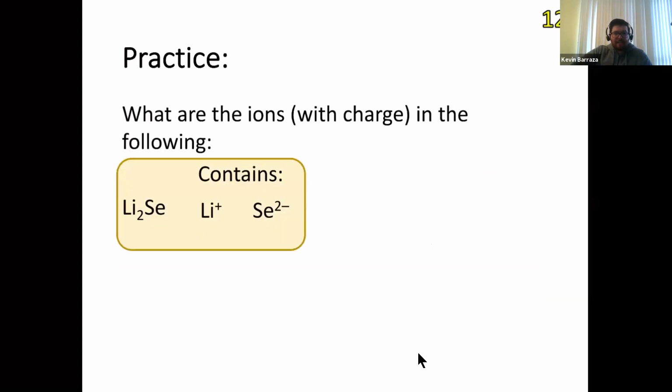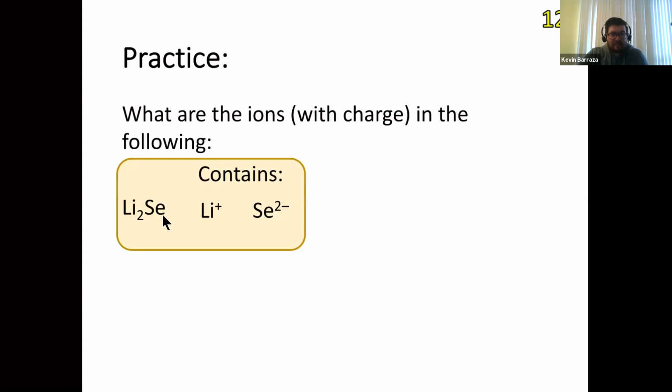So let's try it. What are the ions with their charge in the following? So I'm going to give you a compound and you tell me which ions it has. And this example sort of shows us that in this case, it is kind of possible to uncrisscross these species, because if this 2 is down here, it meant that I made the crisscross to move it from the upward position.